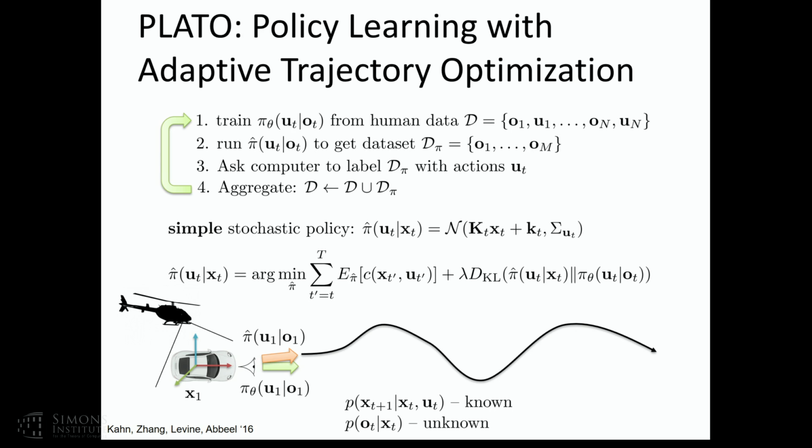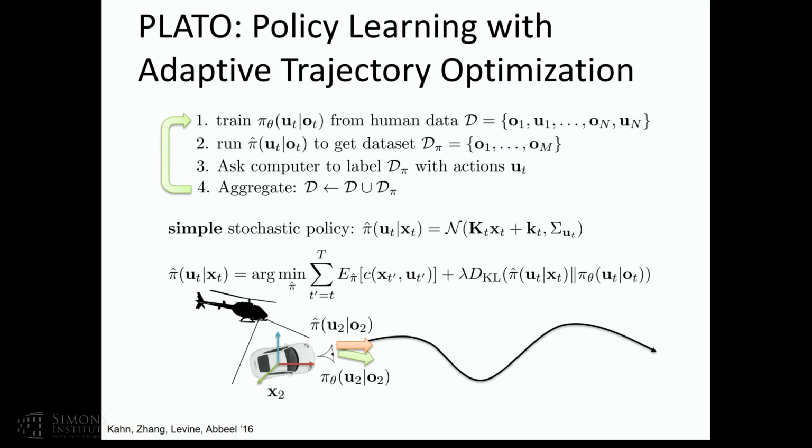And then you assume you have known stochastic dynamics, but a potentially unknown observation function. That's actually a fairly realistic assumption for things like autonomous cars, because autonomous cars are governed by relatively simple physics, but the observation function is the image generation process. So that's like, how do the image pixels depend on where the car is, which is very difficult to model. So you need to know where your states are going to be in order to solve the optimal control problem.